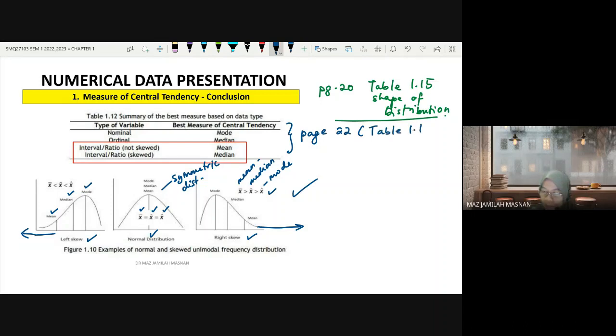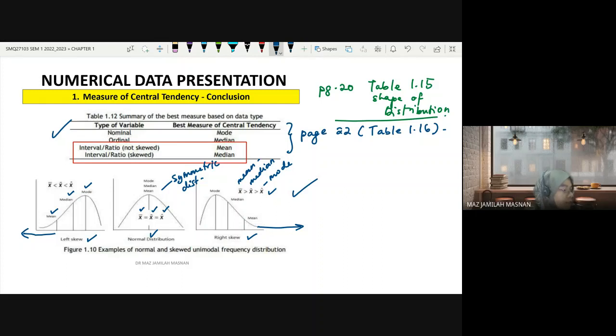In that table, we have summarized which is the best measure of central tendency. It depends. If you look at Table 1.16, the most common or frequent data in a data set.